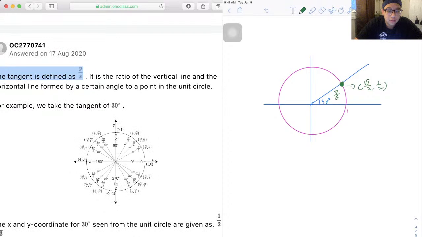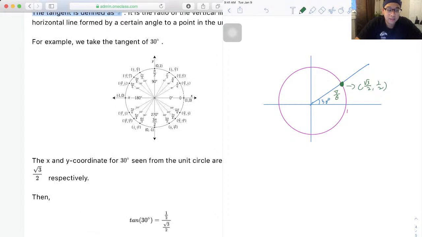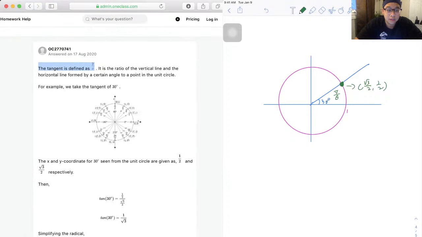So knowing that the x and y coordinate for 30 degrees seen from the unit circle is given as 1 over 2 and √3 over 2. Oops, the x coordinate for 30 degrees.